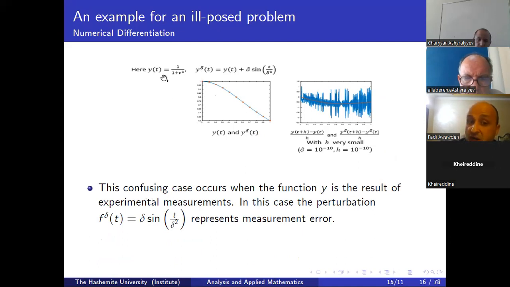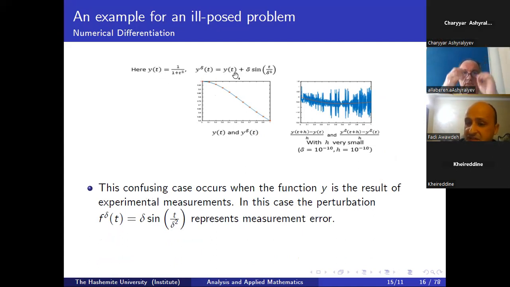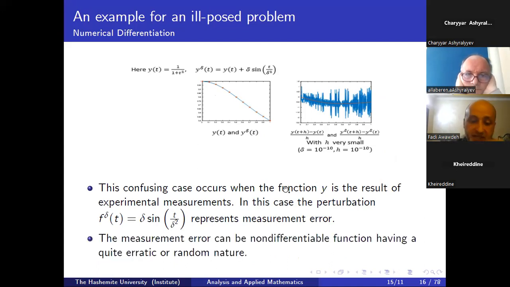We don't have y, we need to measure y, and because of the errors of measurement, we have a small perturbation or small error less than 10 to the power minus 10. Now here we find that a small change in y leads to a huge change in the output. So numerical differentiation is an ill-posed problem.